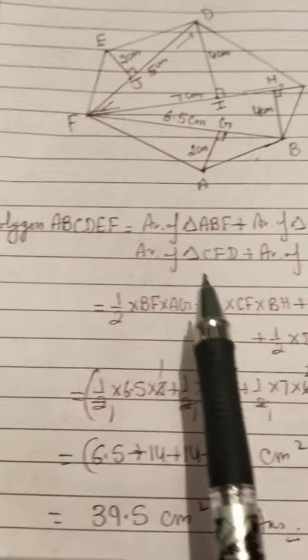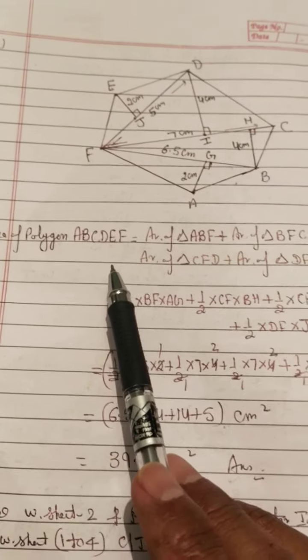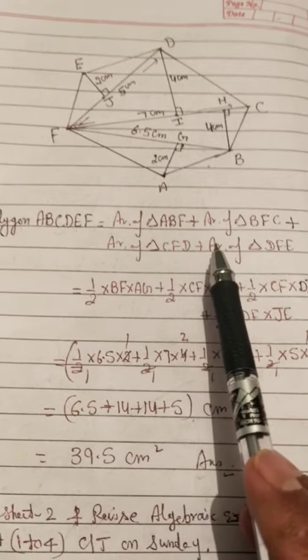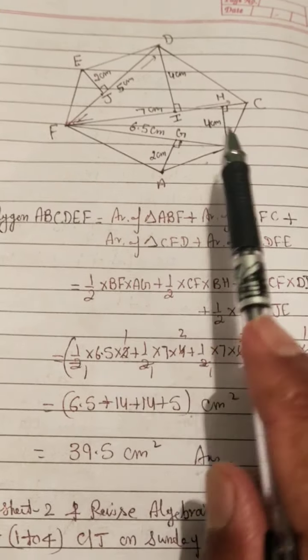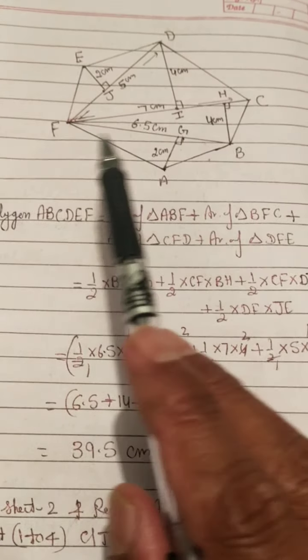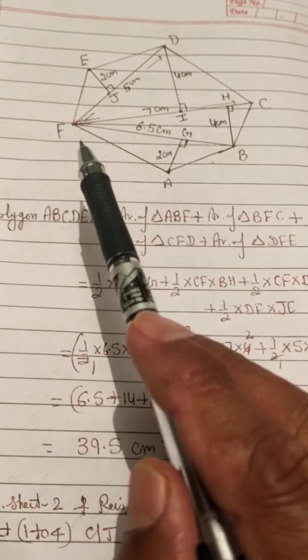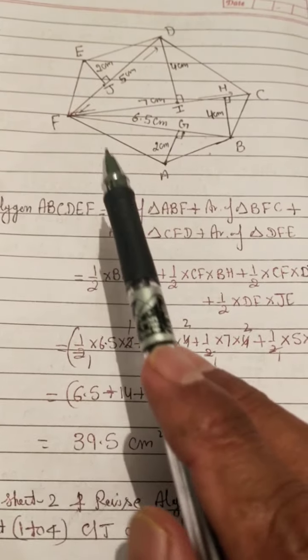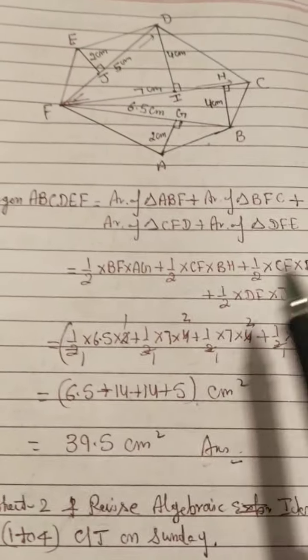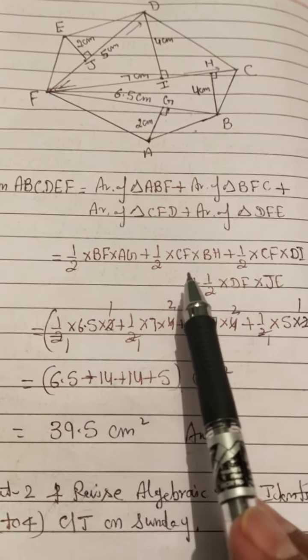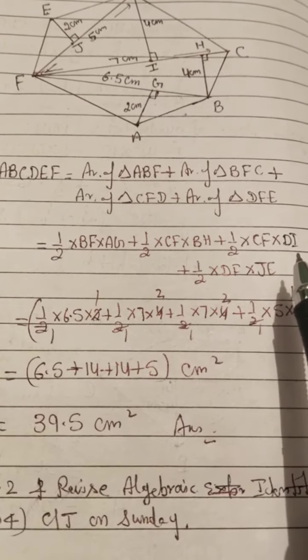So area of this polygon ABCDEF is equal to area of triangle ABF plus area of triangle BFC plus area of triangle CFD plus area of triangle DFE. So half into BF into AG plus half into CF into BH plus half into CF into AD.